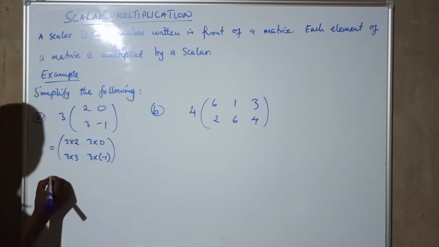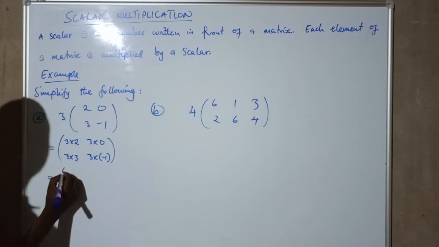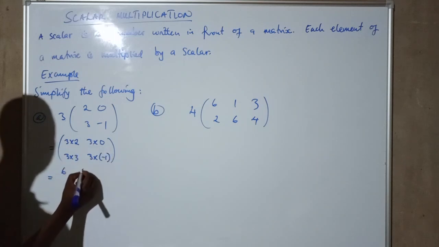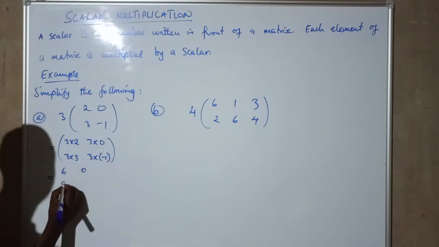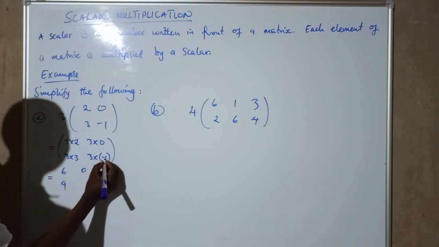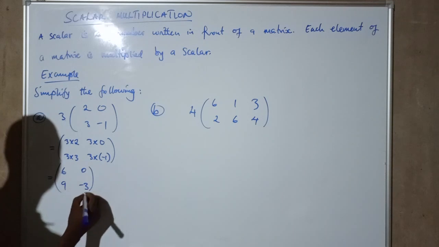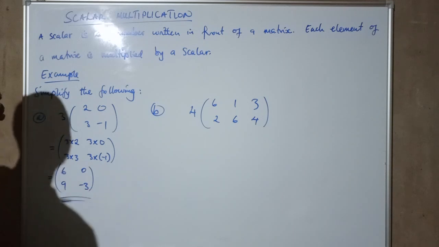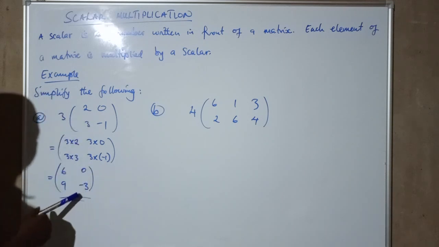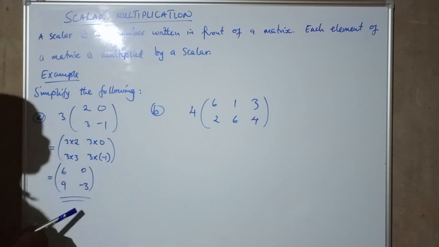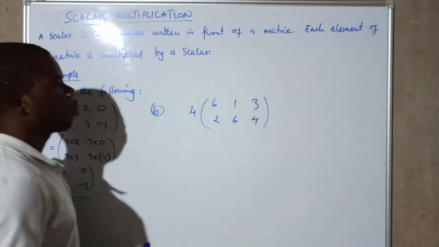Then it will be equal to 3 times 2, 6, 3 times 0, 0, 3 times 3, 9, 3 times -1, -3. You close. So this will be the answer. When you compare this and this one, this is simpler. So you have simplified, you have made it simple.